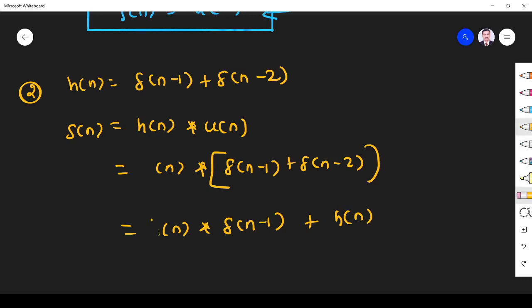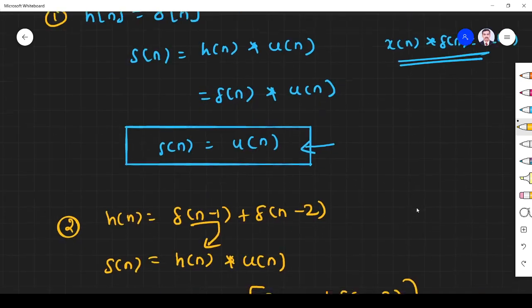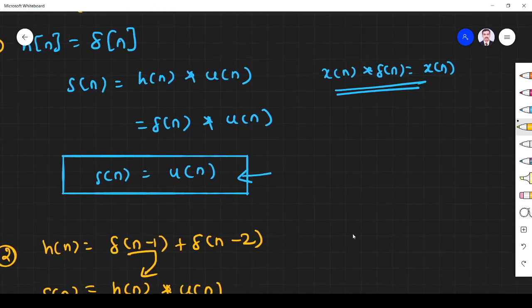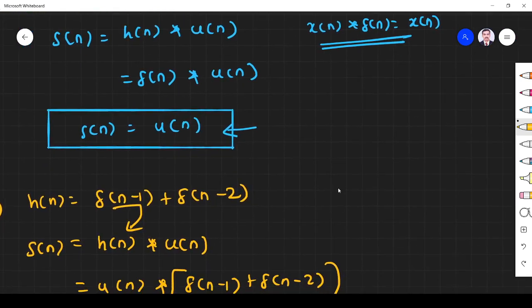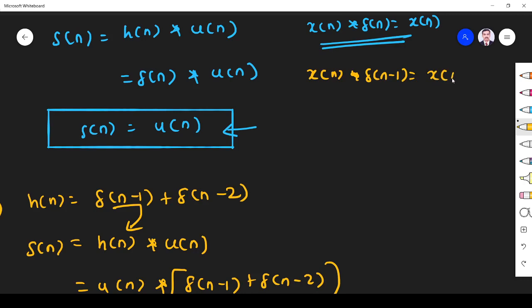Just now we have seen that x of n star del of n is x of n. Another property of convolution is that x of n star del of n minus 1 is x of n minus 1.